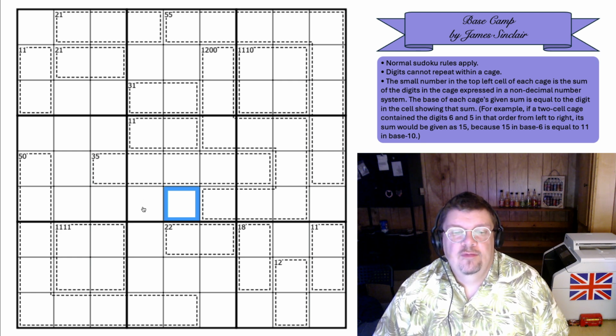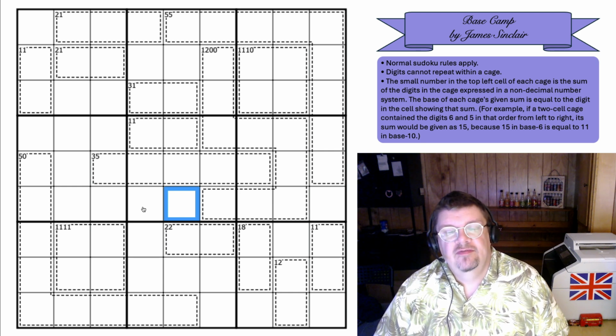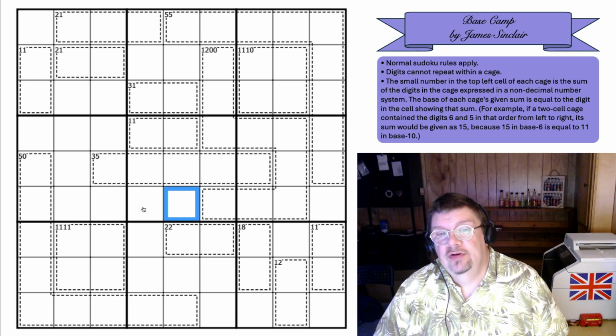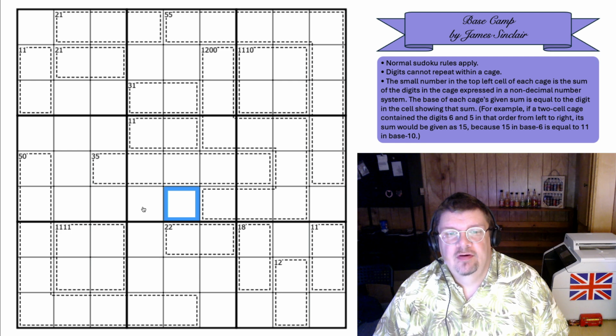And for any base, it is true that the digits available in that base go up to 1 less than that base. So base 2, which is also known as binary, can only use 0 and 1. Base 3 can only use 0, 1, and 2.